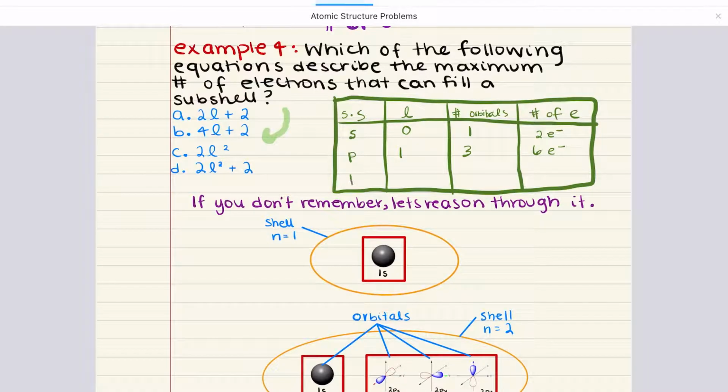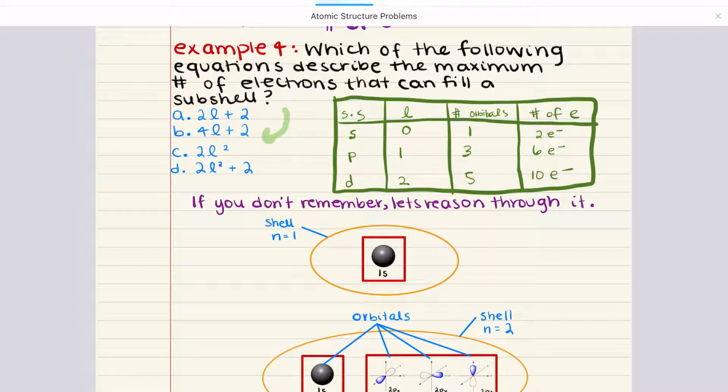Then for our d subshell, our l value is going to be 2. And if l is 2, ml can be -2, -1, 0, +1, and +2, which tells us that's 5 values. We have 5 orbitals here, and in 5 orbitals, we can fill 10 electrons.